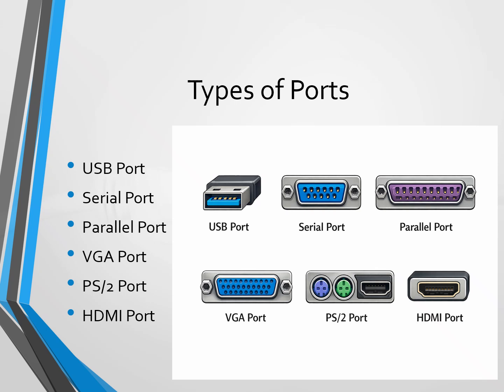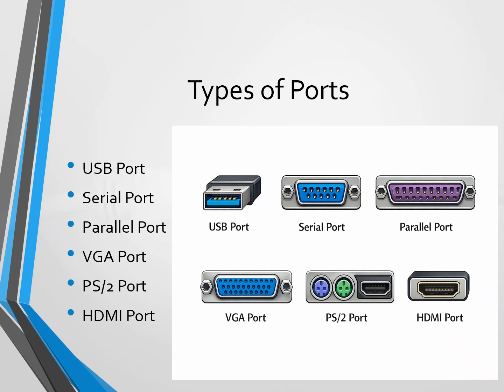That is another type of port which we use to connect to a video source. And then PS2 port. This is the round port, guys. This is the oldest of ports. We use these circle ports to connect the keyboard and the mouse back in the 90s. And then this is the HDMI port. This is the latest port, right? The newest one to connect to a monitor from the CPU.